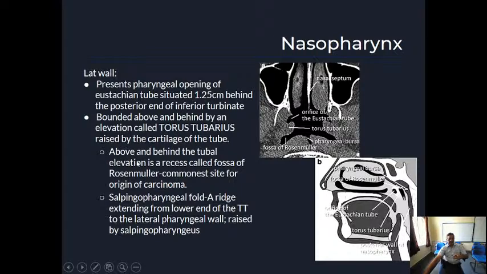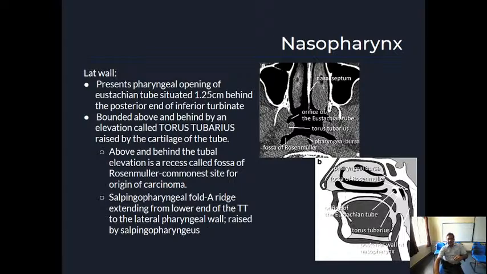Above and behind the tubal elevation is a recess called the fossa of Rosenmuller, which is a common site for the origin of carcinoma. And the third one is the salpingopharyngeal fold, a ridge extending from the lower end of the torus tubarius to the lateral pharyngeal wall, raised by the salpingopharyngeus muscle.